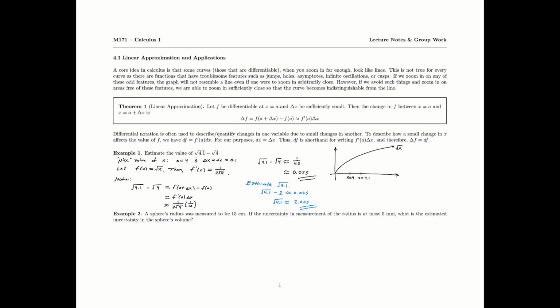So then at this point right here, we have the equation of the tangent line. Now, do you see how the square root function and the line overlap for quite a bit of distance? Basically, everything between here and here is indistinguishable.